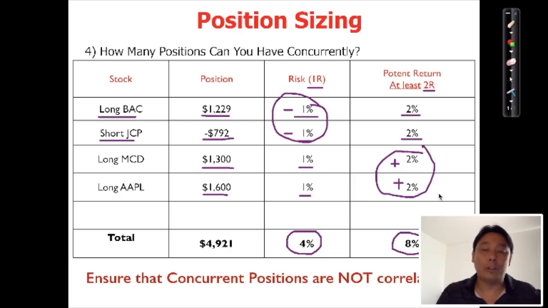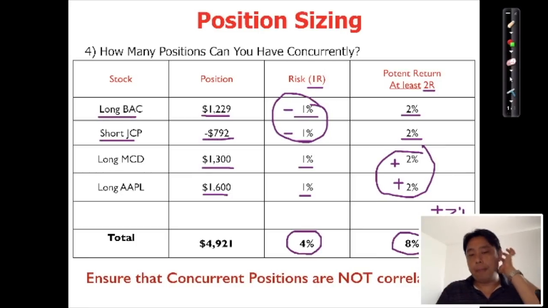Your return is 4 minus 2. You're up 2%, as you can see. So the beauty of sizing your positions in this way is that even if you are right half the time, or in fact even less than half the time, you are still profitable. Why? Because your average win is always double your average loss. And that's the most important key to successful trading.